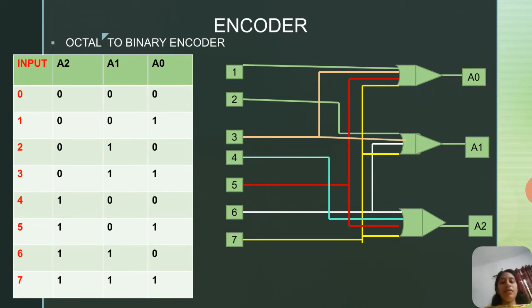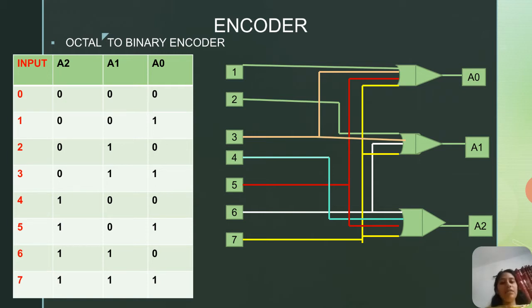Then wherever 1 comes for A0, you have to connect all of that to A0. A0 will be 1 for 1, 3, 5 and 7. So there are 4 input combinations which make A0 as 1.